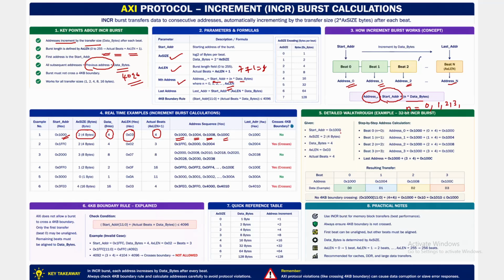So the start address is 1000, data bytes is 4, the size is 2, and the length is 3. Then we will calculate the next address. How will we calculate the next address? What start address am I giving here?